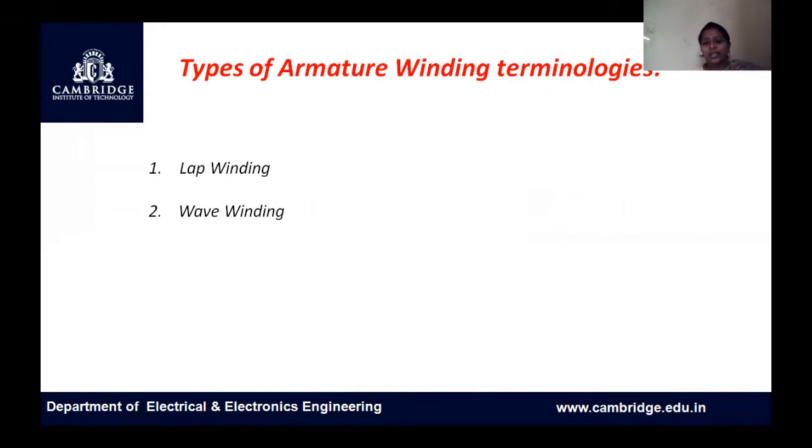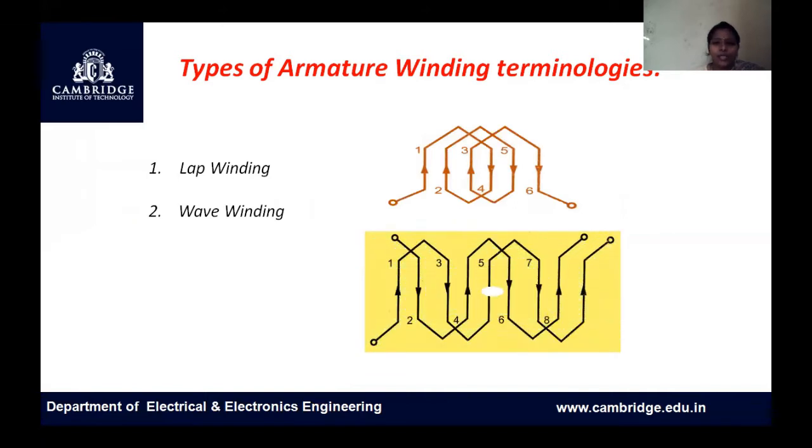Here we will obtain two equations pertaining to lap winding and wave winding. The lap winding looks like this and the wave winding looks like this. We will also solve a few problems on the EMF equation of DC generator.